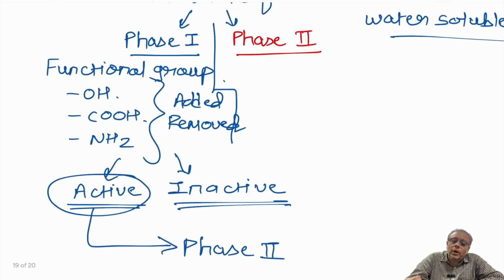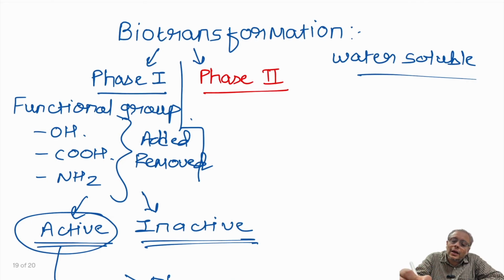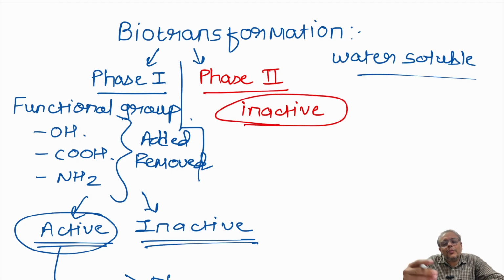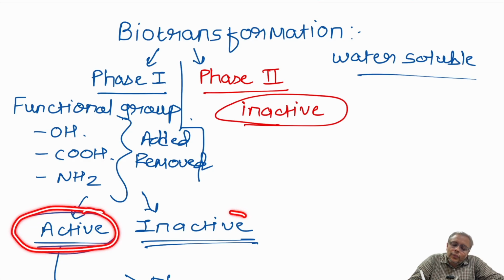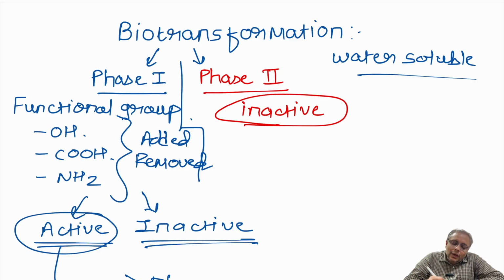And as I have told in my previous session, at the end of phase 2 reaction, in the majority of cases, the drug becomes inactive. Okay, there are a few exceptions, but if I tell you, unfortunately, you will remember the exceptions and forget the basic endpoints. That's why I am not telling that. So at the end of phase 1 reaction, either the metabolite remains active or inactive. If it remains active, it enters into the phase 2 reaction and ultimately becomes inactive.